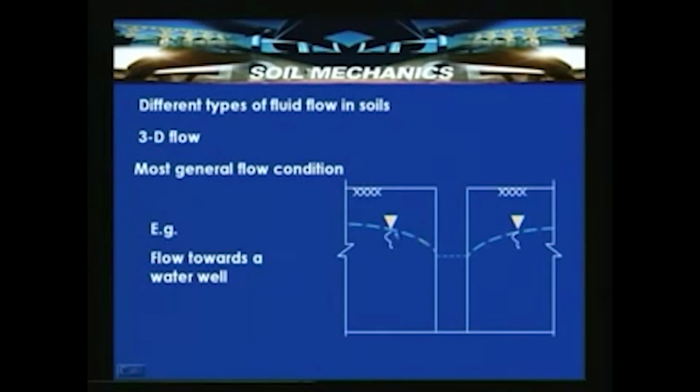The flow occurs in all directions, spherically, converging towards the center of the borehole. This is an example of flow towards a water well, which is designated as a three dimensional flow.